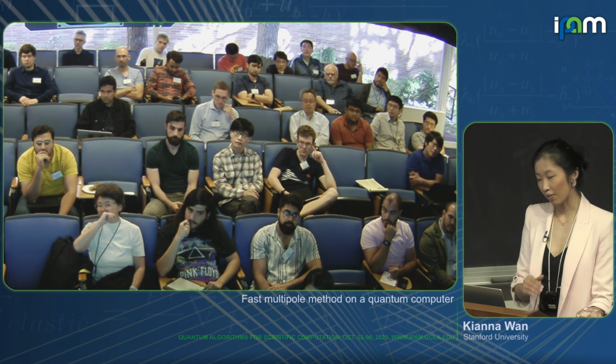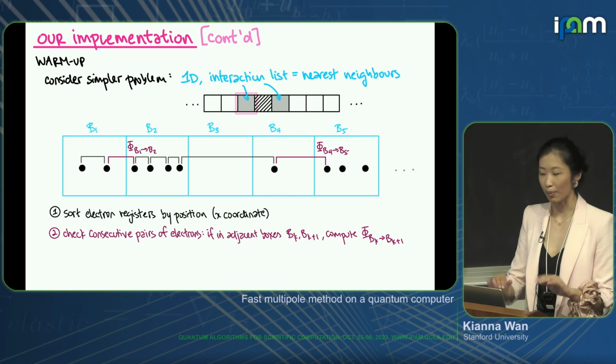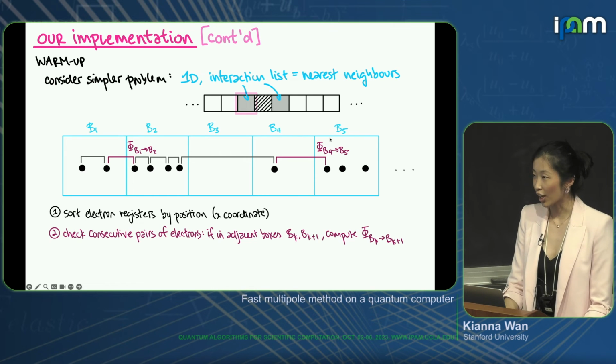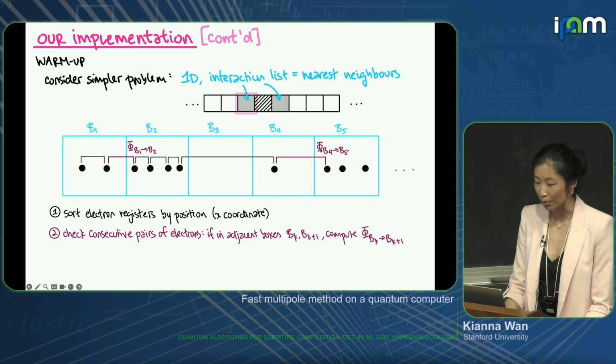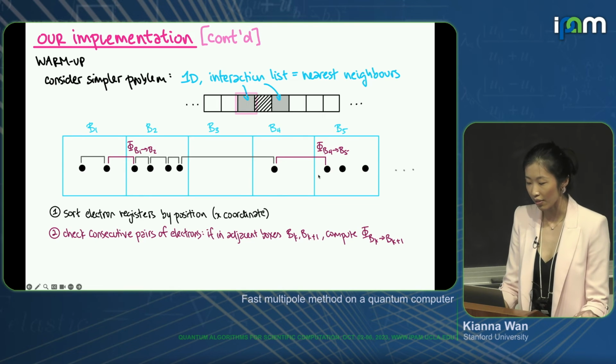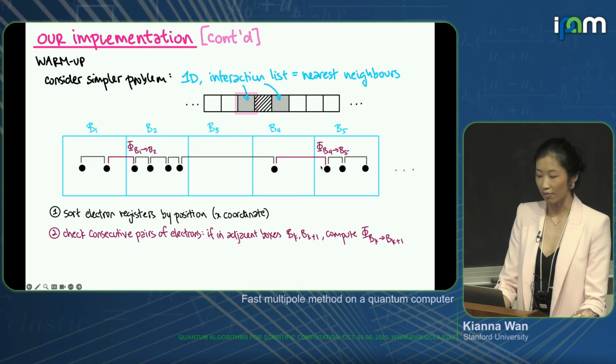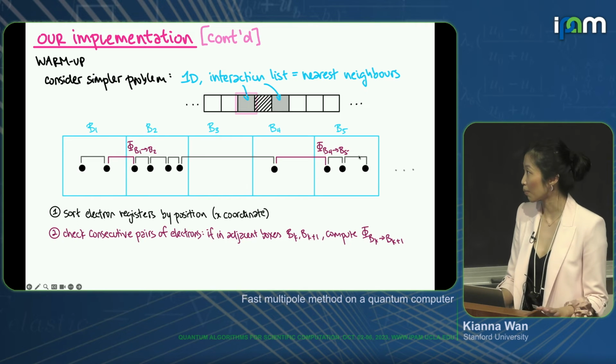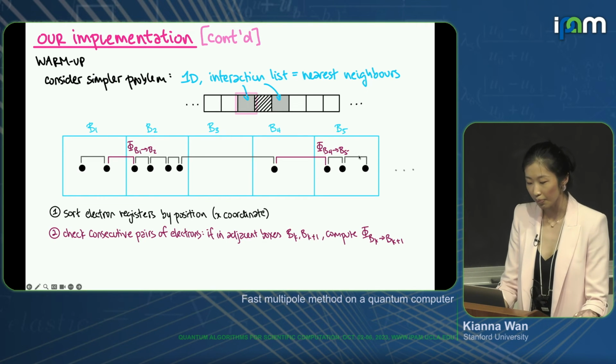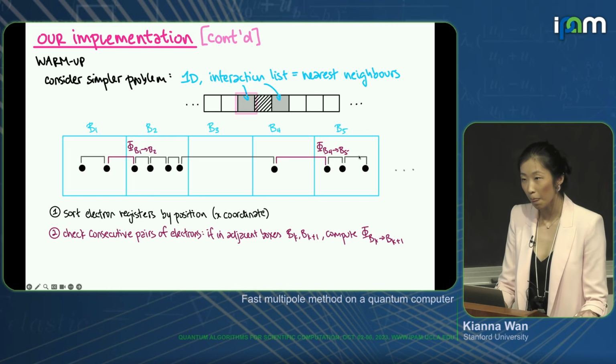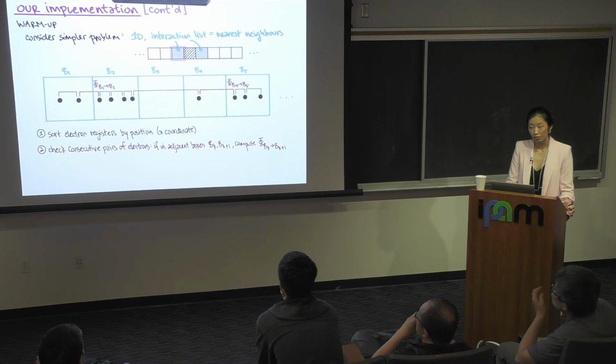Okay, and then for this pair of electrons, they are in neighboring boxes, B4 and B5, so you compute the potential contribution from B4 to B5 and store it in the first electron in B5. And similarly, these next pairs of electrons are in the same box, so you don't do anything. What do you mean if they are in the same box, you don't do anything? So you still have two electrons there, they interact.